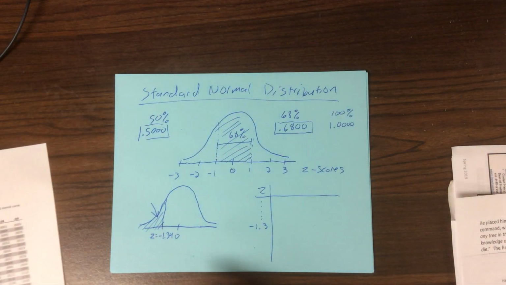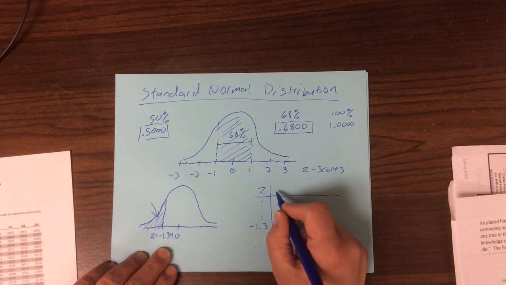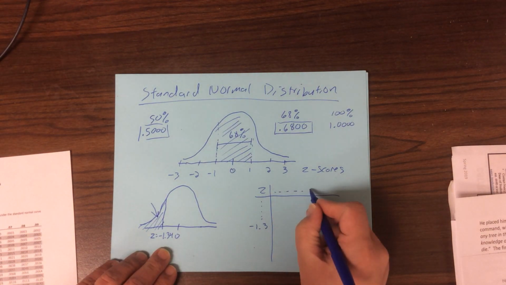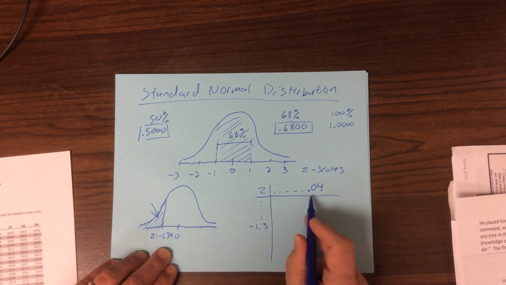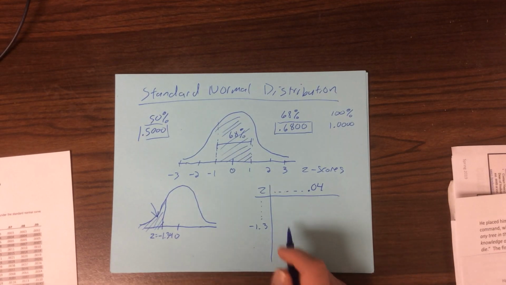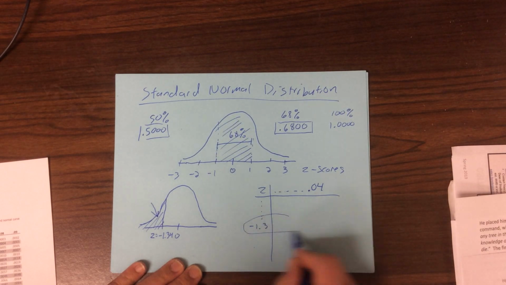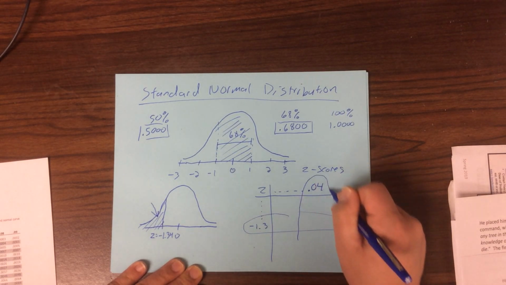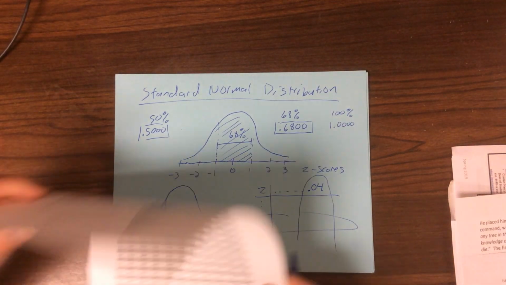Okay, and then the hundredths place is a 4. And so you're going to look up the hundredths place along the top. So I'm going to go over till I get to 0.04. Okay. So where this row and this column intersect, you're going to get a 4-digit decimal number.